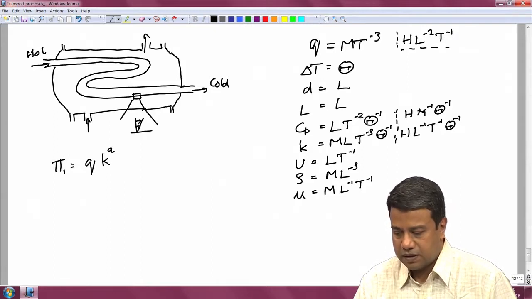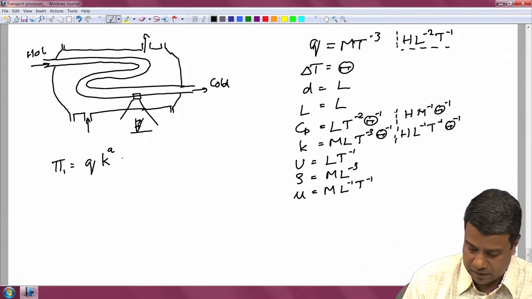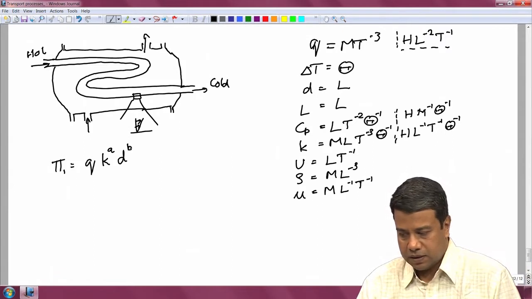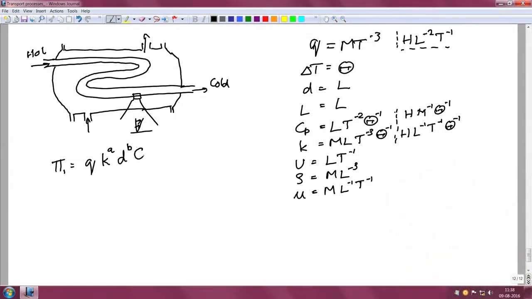The length scale is the diameter, power B. There is a scale of temperature involved, so I have theta power C. And then there has to be some time scale in the problem.